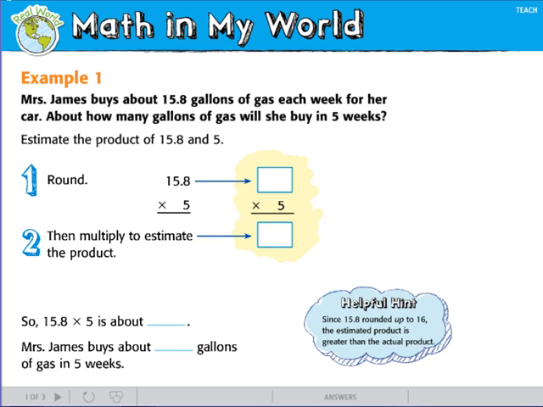It's going to round to 16. 16 times 5. 16 times 5 is 35?